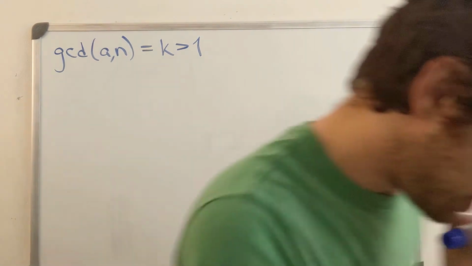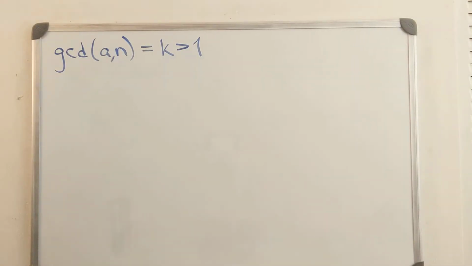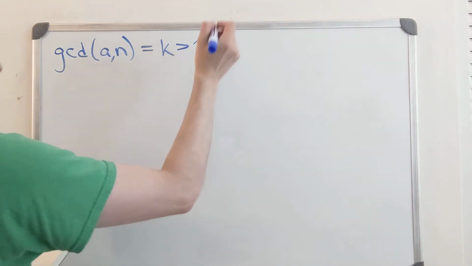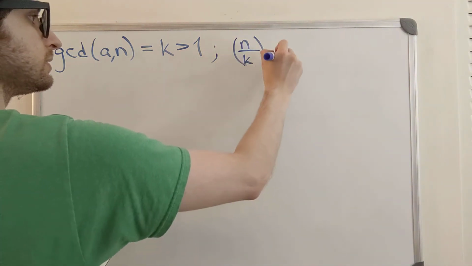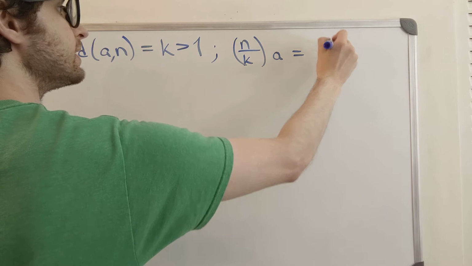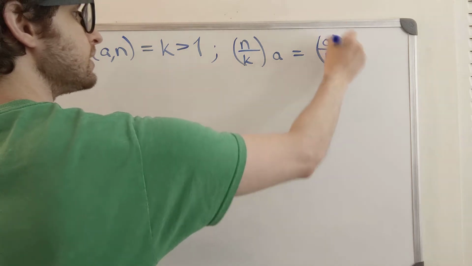All right, then let's see what we can say. Then I want to consider this equation, which is always going to be true in some sense, that n over k times a equals a over k times n.